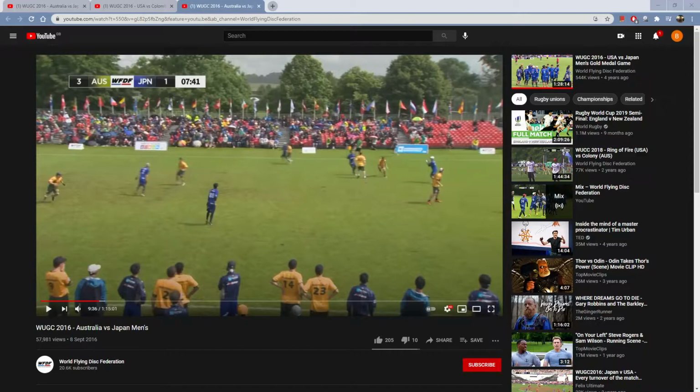So in this first clip we have Neil, who has just run under to catch the disc, and I think there's a handler here, and then I think someone else is here.